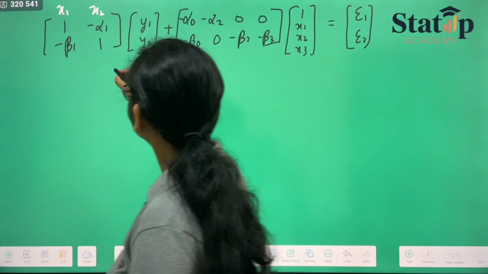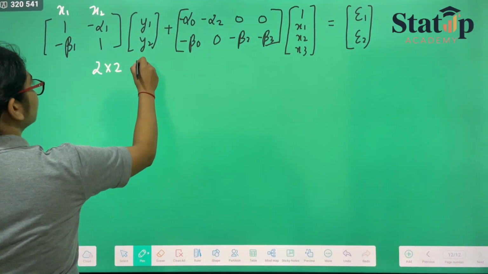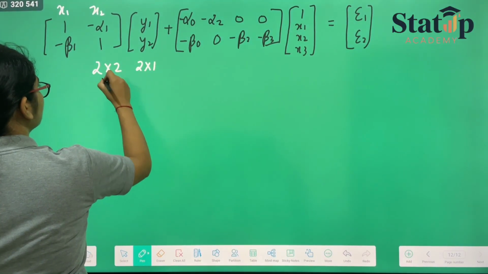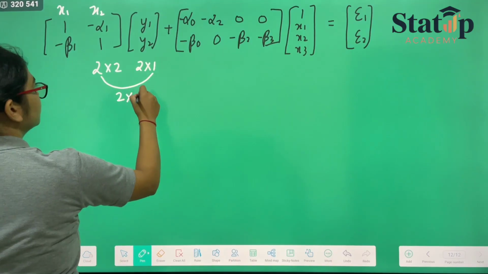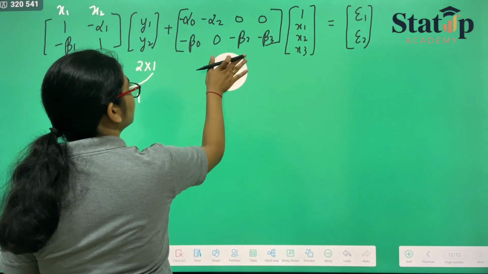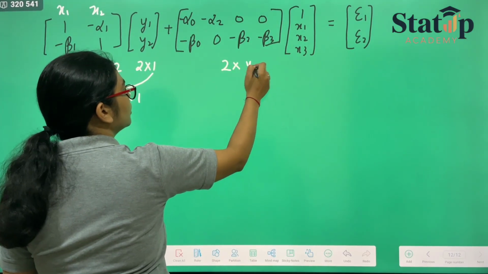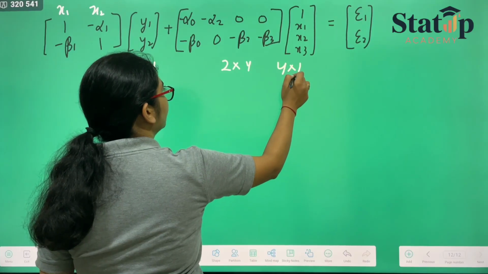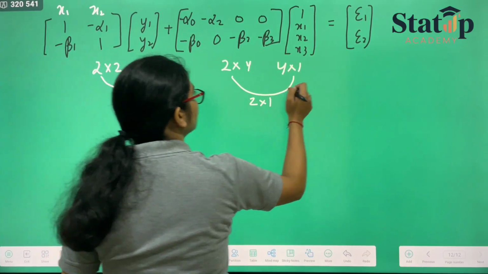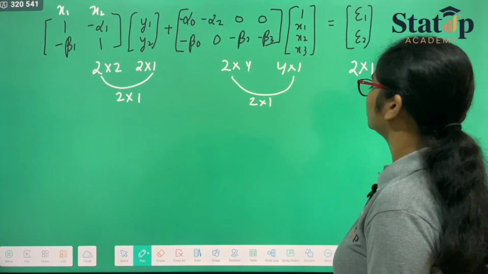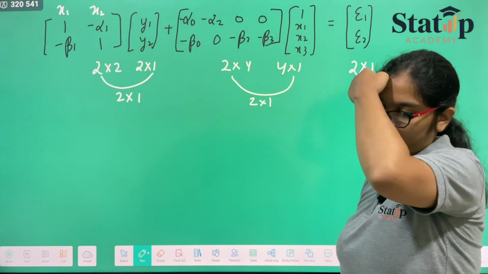So this is 2 cross 2, this is 2 cross 1, and this will become 2 cross 1. This is 2 cross 4, this is 4 cross 1, and this will become 2 cross 1, and this is already 2 cross 1. So our matrix is complete by this.